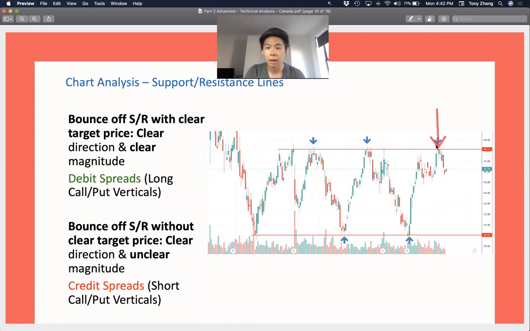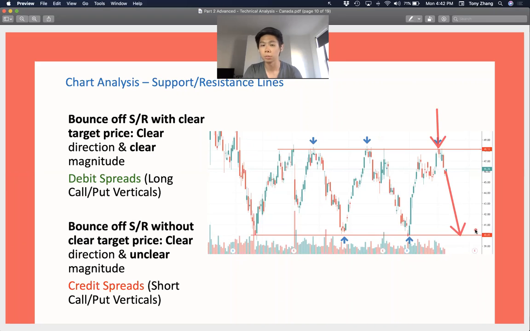You can either say 48 is where sellers are, so at this point I'm no longer bullish, or you can say every single time it's hit 48, the stock has fallen all the way down to 40. So you can say, well, I think the stock is going to go down to 40. Those are the 2 possible ways you can look at this. As far as which way you lean towards, perhaps that's where you lean a little bit more on your fundamental side.